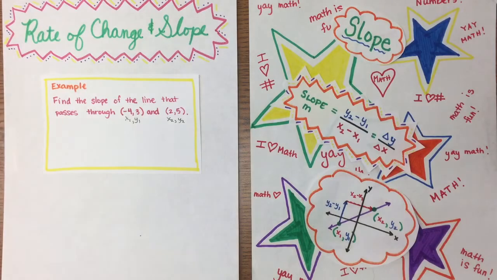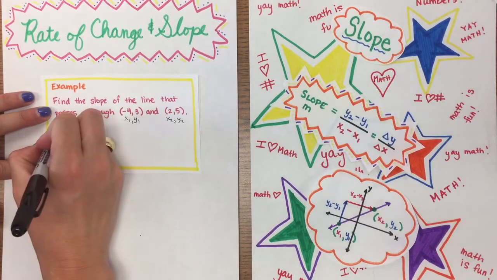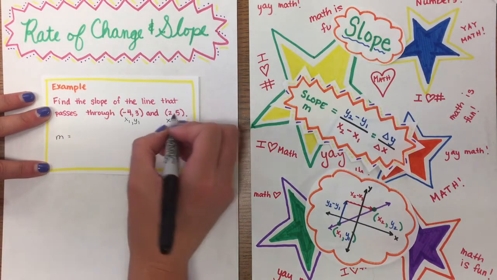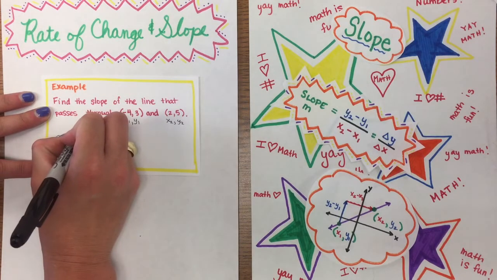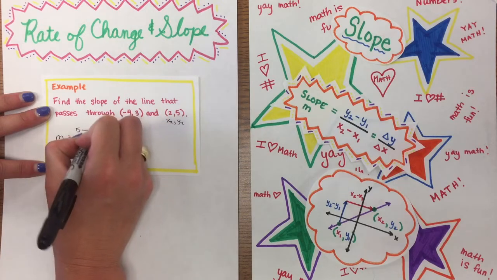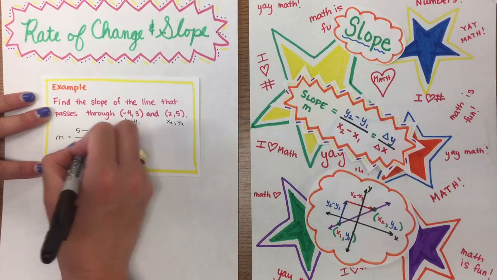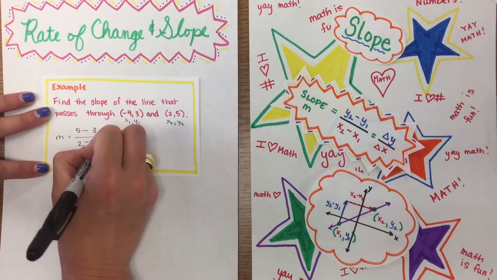It really doesn't matter which point you define to be point 1 and which point is point 2. Your equation will work out the same either way. So my slope, which we will refer to as m, is equal to y2, which is 5, minus y1, which is 3, over x2, which is 2, minus x1, which is -4.